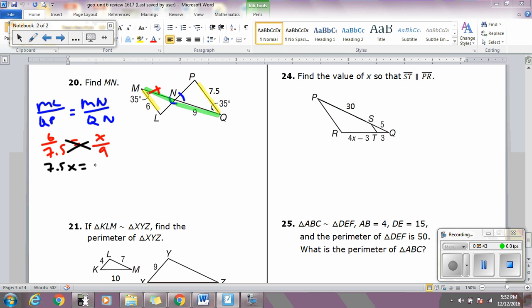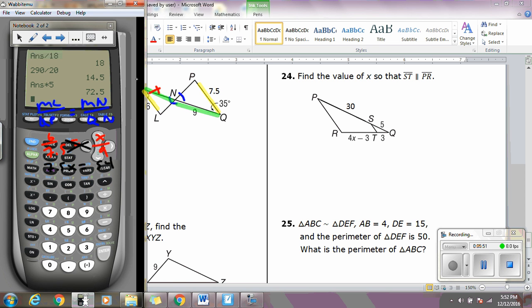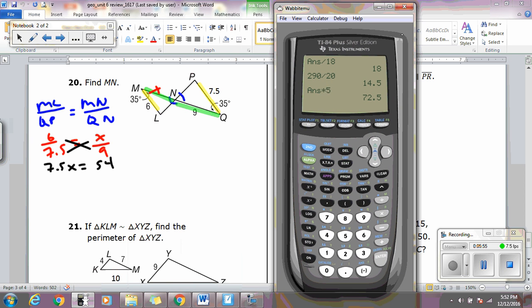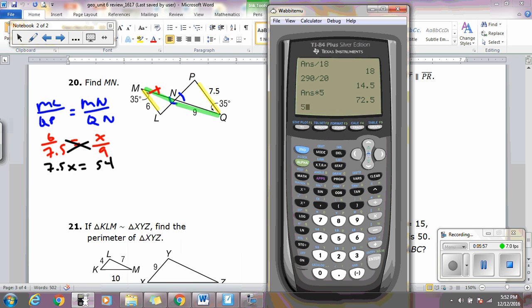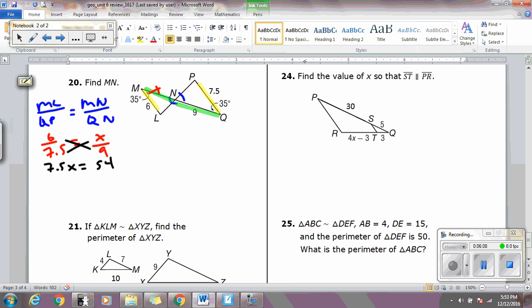And 6 with 9 is 54. And then 54 divided by 7.5 will give us 7.2. So MN is 7.2.